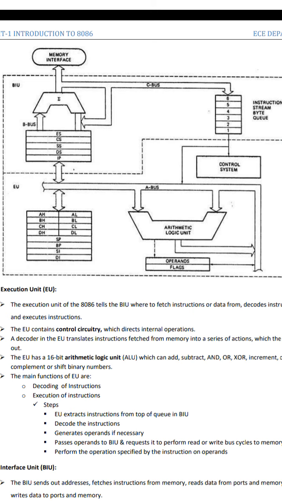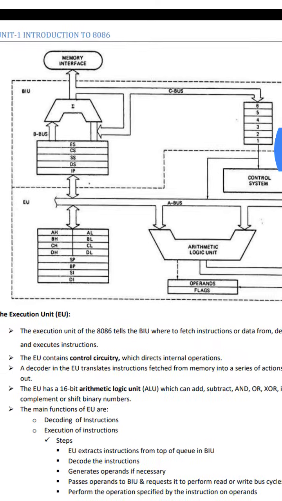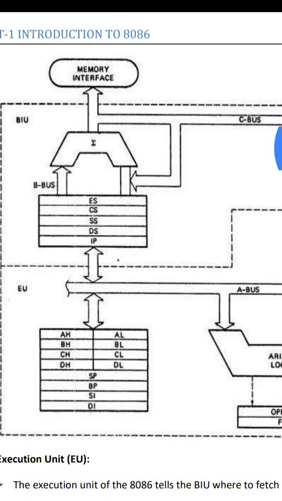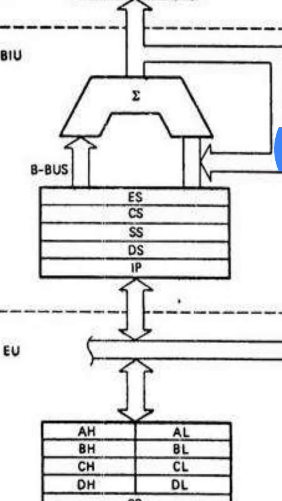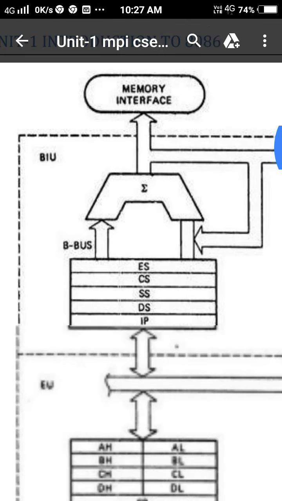Because the data bus is of 16 bits but the address is of 20 bits, the physical address calculation is performed by the 8086 microprocessor. Now how is this physical address calculation performed? In the architecture you can see the extra segment, code segment, stack segment and data segment registers.